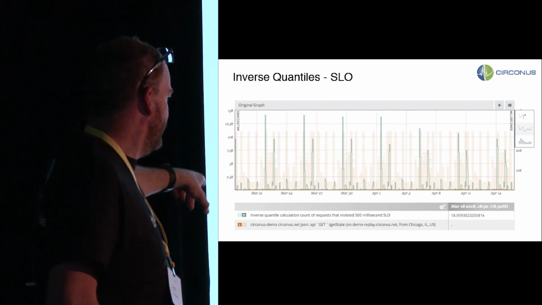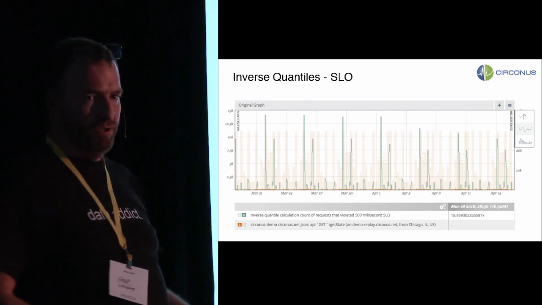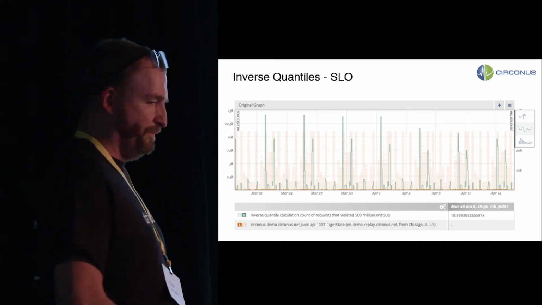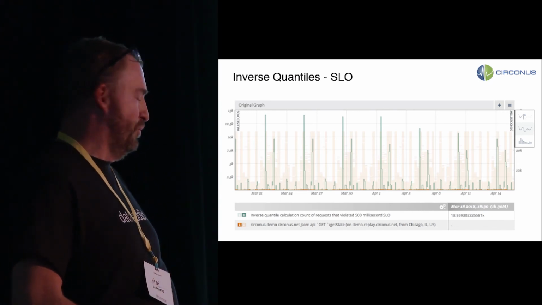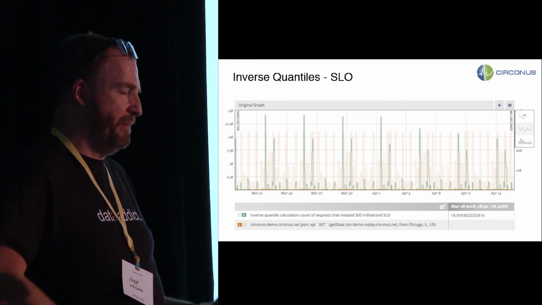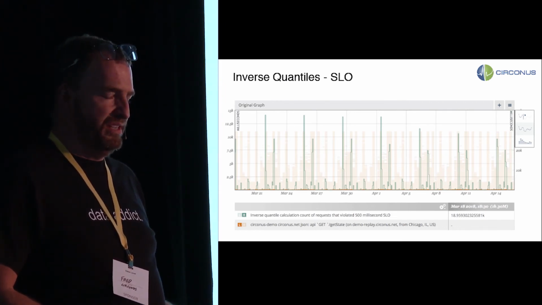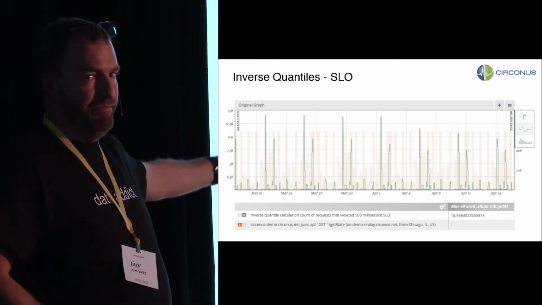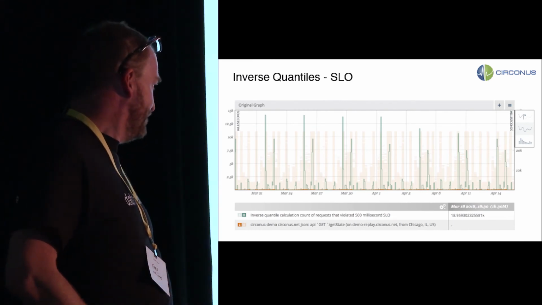So now these green spikes here show the total number of requests that are making users angry. And this is an important business metric, because if this is a shopping cart service request during a checkout process, I'm losing a lot of money every time this green line goes up.